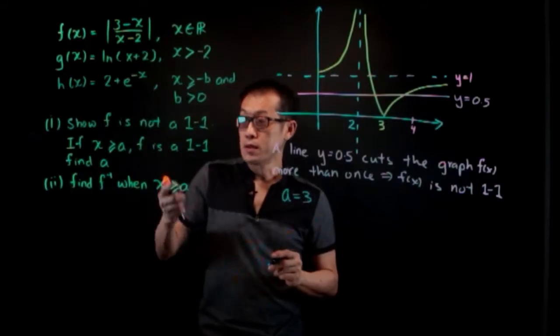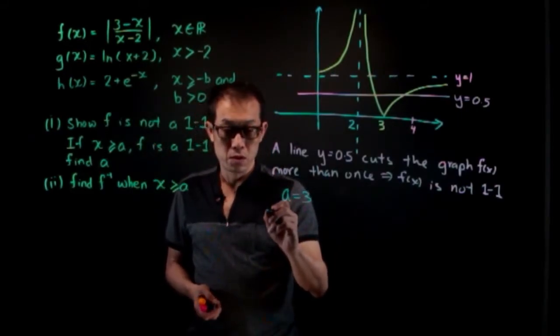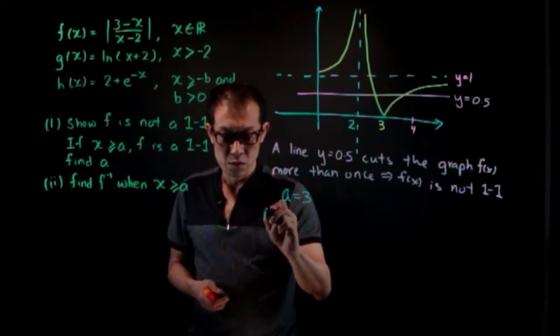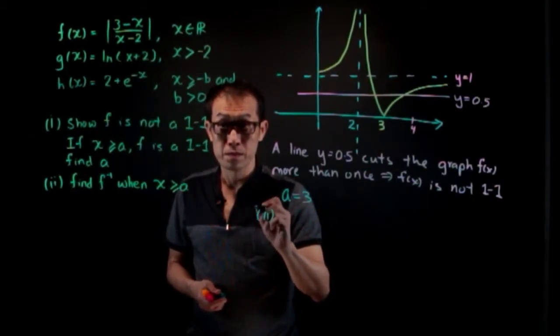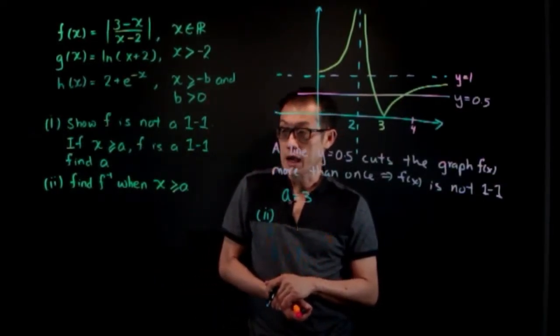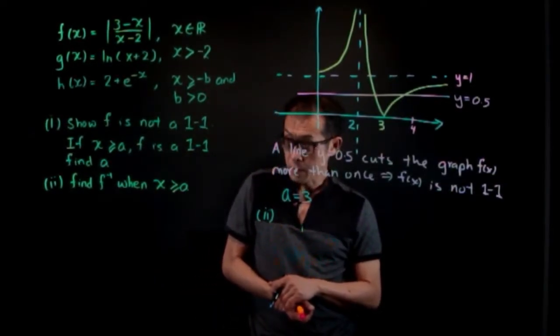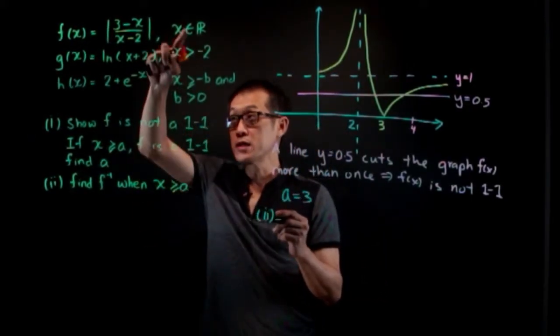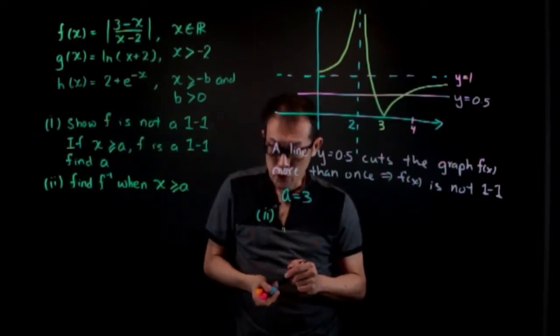Okay, now let's go on to do part 2. Now you are asked to find the f inverse. Now to find the f inverse, look at this graph. This is a modulus graph.